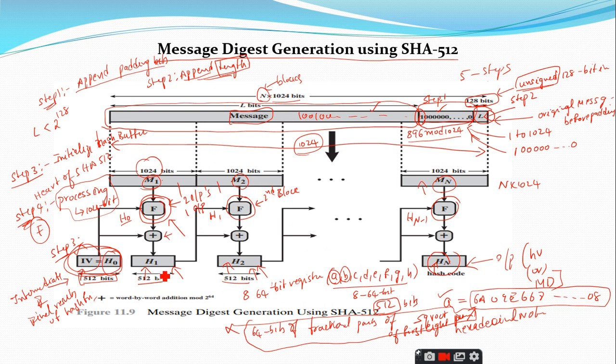Like that, every output of the previous block is given as input to the next block. The H(n-1), the output generated in the (n-1)th block, is given as input to the last round, and whatever value you get at this point, Hn, is treated as the output or the message digest. And what is the size of this message digest? It is 512 bits. You can see here that Hn is 512 bits, and this is the hash code you have generated.